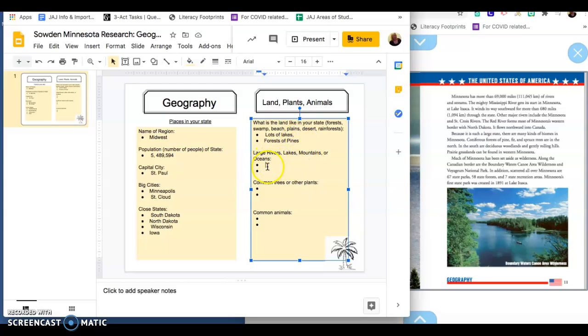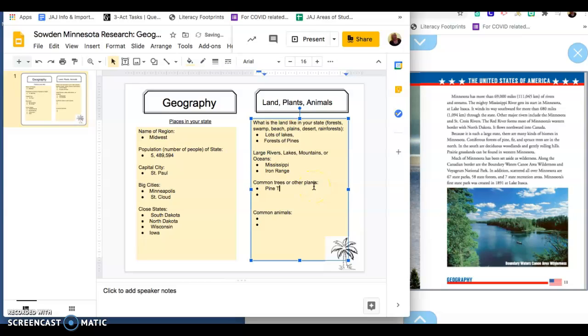Some of the larger rivers, I know that the Mississippi River is here. And we also have the Iron Range. I'm going to put that here. That's not really a mountain, but it's kind of like a big area that has lots of iron. Common trees. Well, I already read some of them.